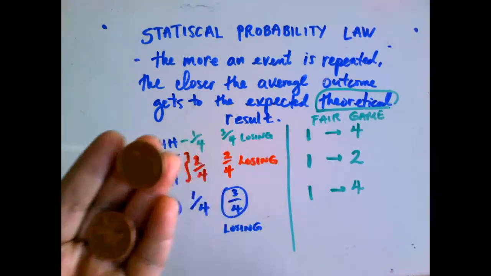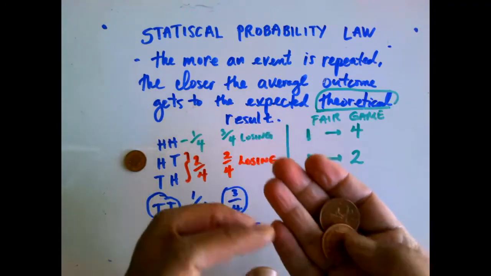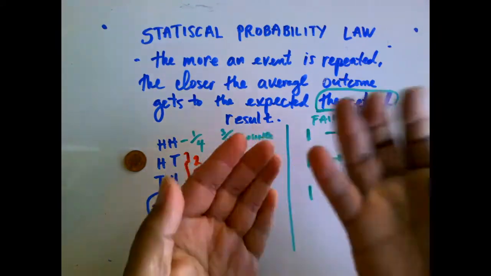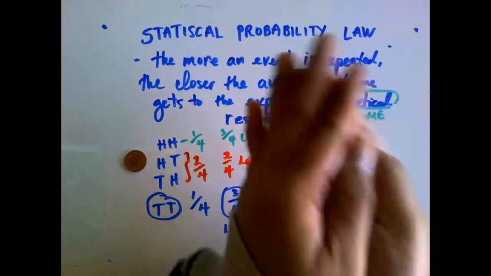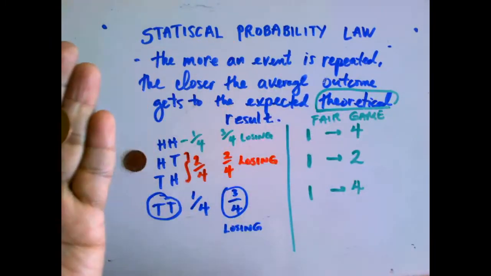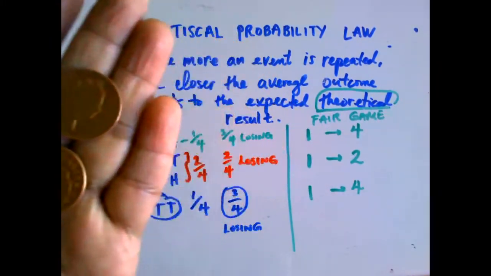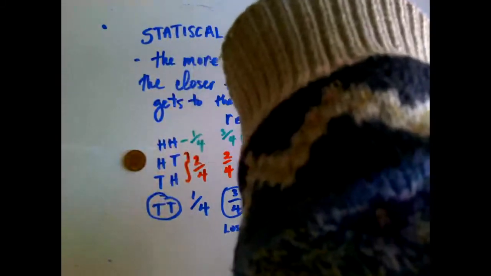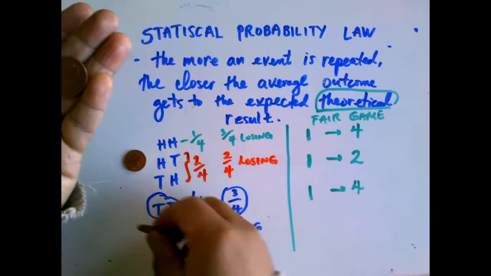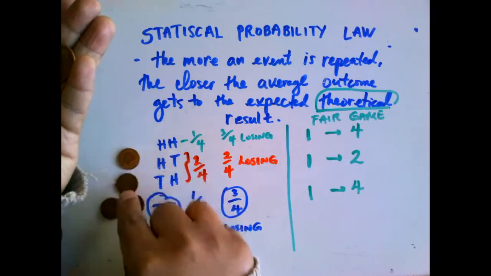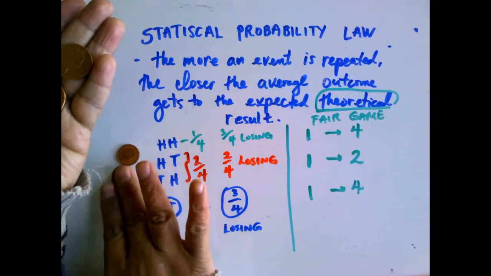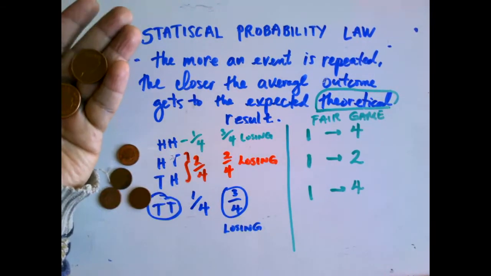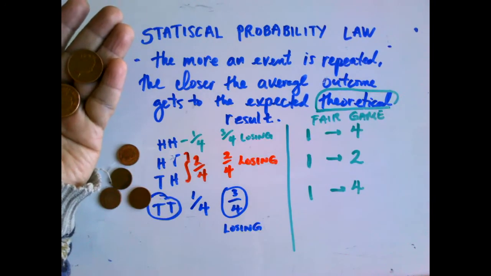But if it's all heads, the person has to pay me three times more, and that's my winnings. So I earn more for betting on all heads. Now, I hope that is clear.